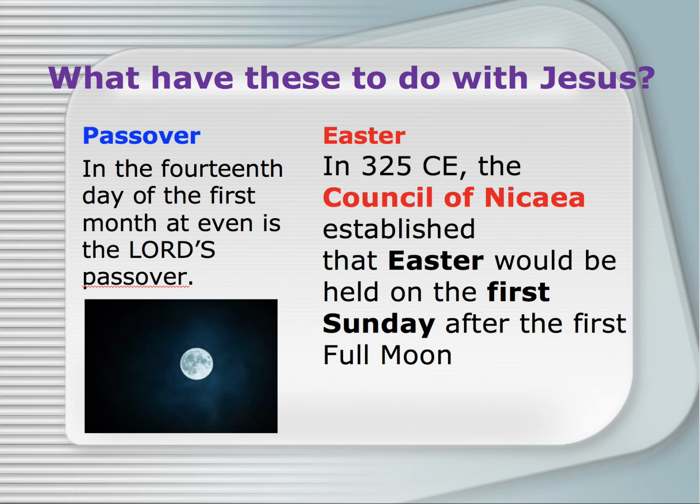The Council of Nicaea, knowing that Passover was the day before the full moon, insisted that Easter could never coincide with Passover by establishing the fact that Easter would be the first Sunday after the full moon. And we'll talk about why a Sunday in a moment.